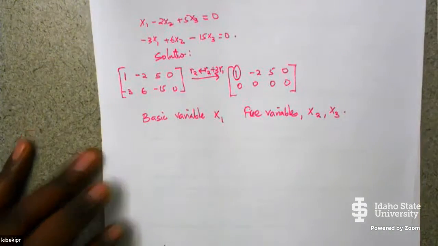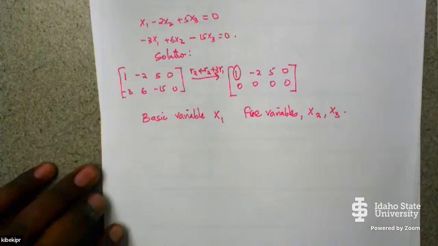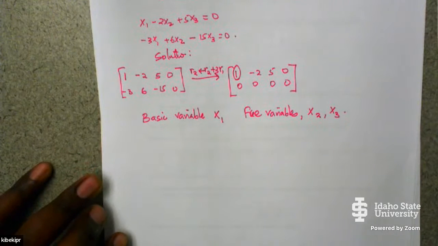Free variables are where we don't have the pivot position. If you don't have a pivot, then those give us the free variables. So x1 is the basic variable, and x2 and x3 are the free variables.